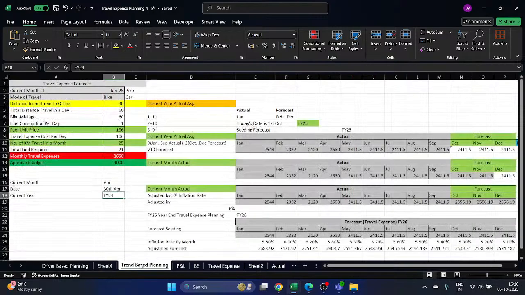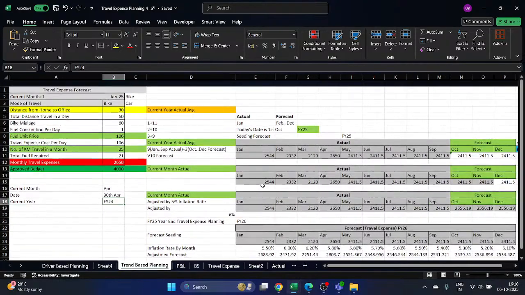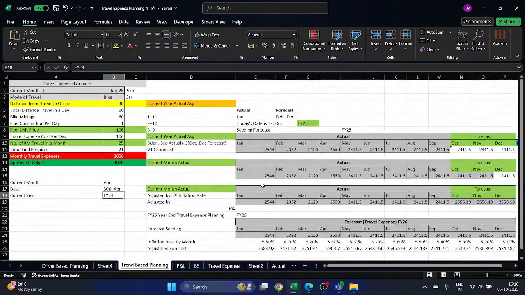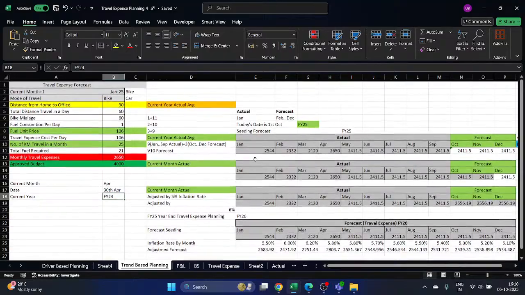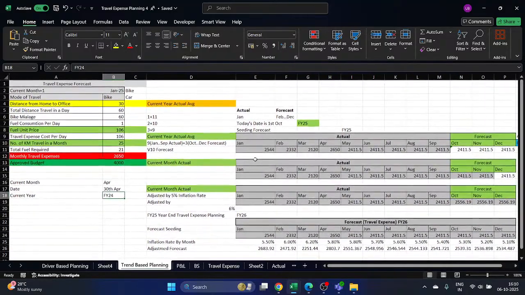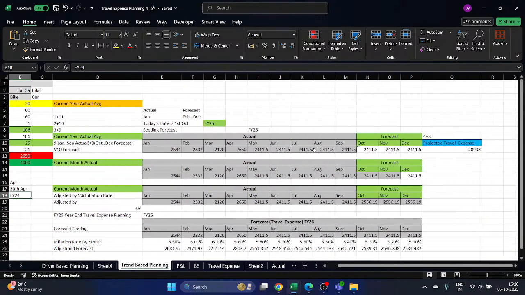So this is the trend based planning, which we did earlier. In this trend based planning, we combine the actual data and the forecast data. Here it is 4 plus 8: 4 months actual and 8 months forecast.